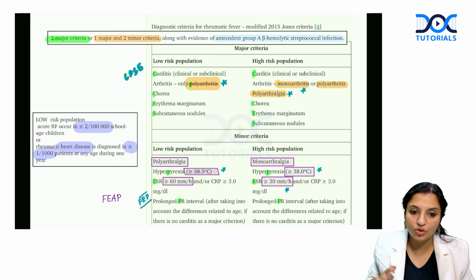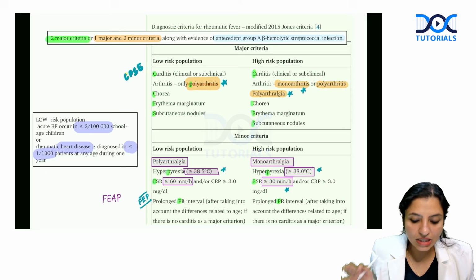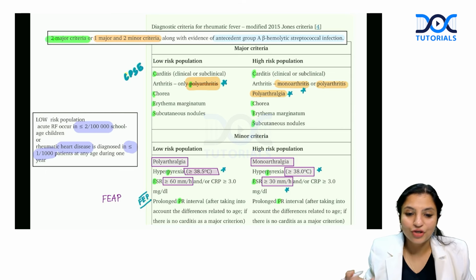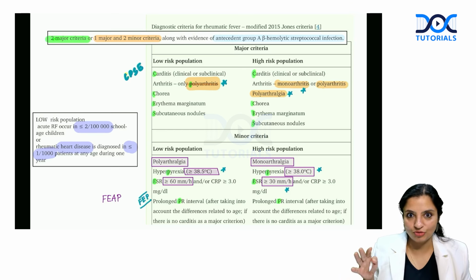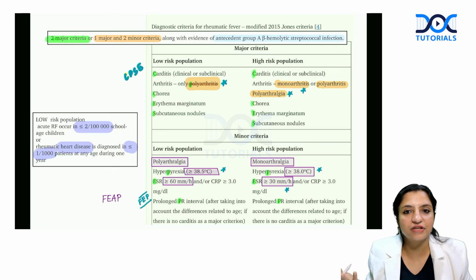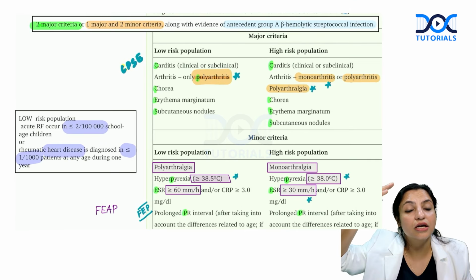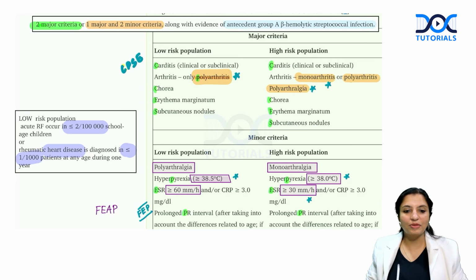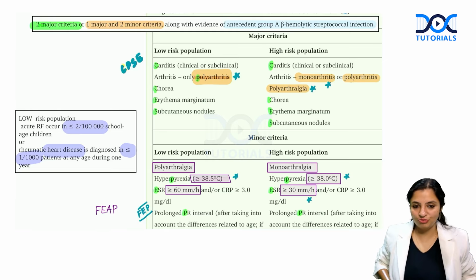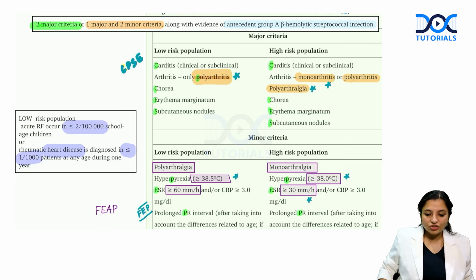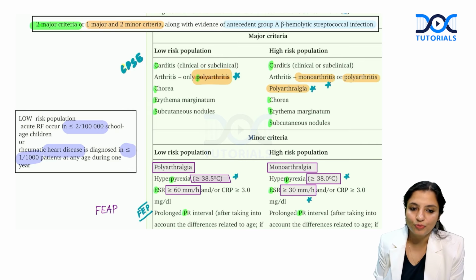Again, it should be erythema marginatum, not erythema nodosum. Erythema nodosum is a manifestation which can be seen as an extraintestinal manifestation of inflammatory bowel diseases. So remember that point always. That point should be super duper clear to you.